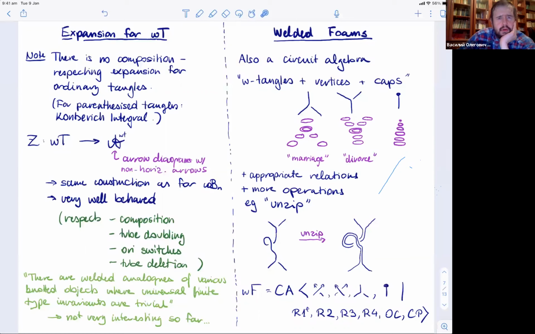Yes, you know, one more question. For virtual knots, there is a map which projects virtual to classical, so we can make some virtual crossings classical. I wonder whether anything similar can be done for projecting welded to classical.